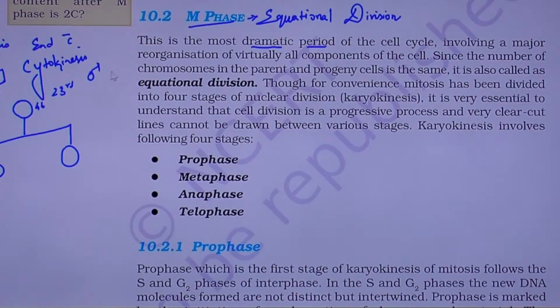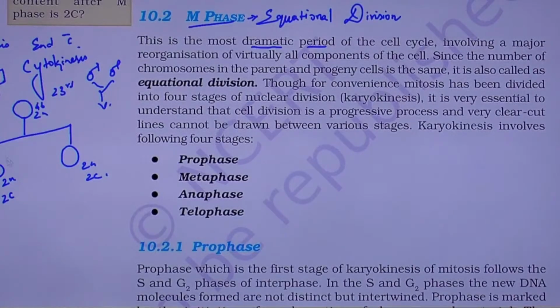The male gamete and female gamete fuse together to form the zygote, which is 2n. After that it gives rise to two daughter cells whose chromosomes will be 2n, and the DNA also 2C.